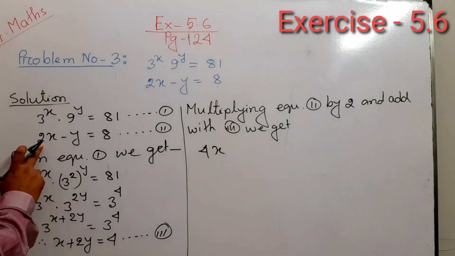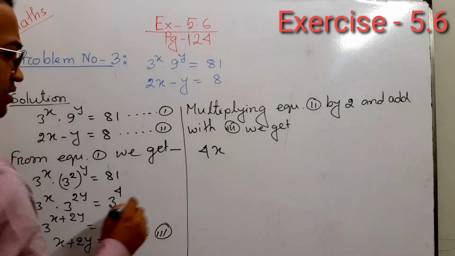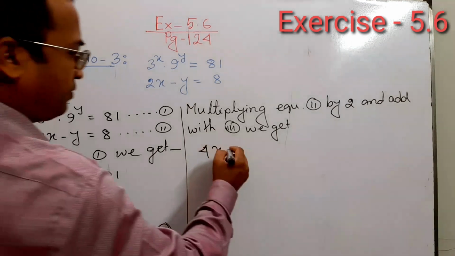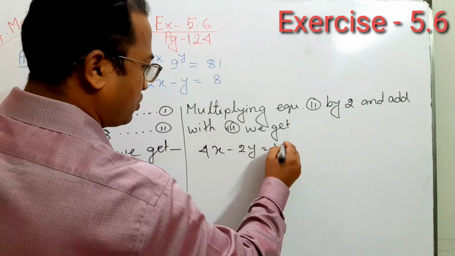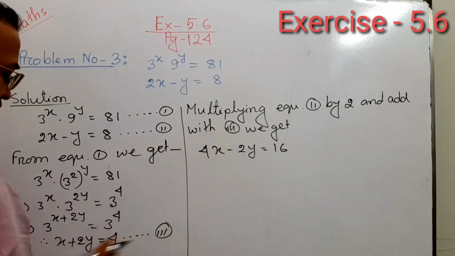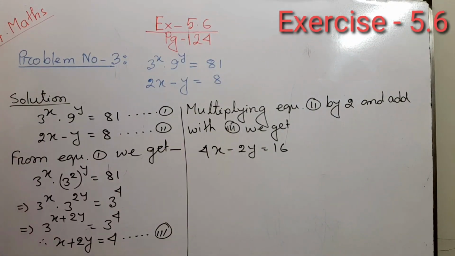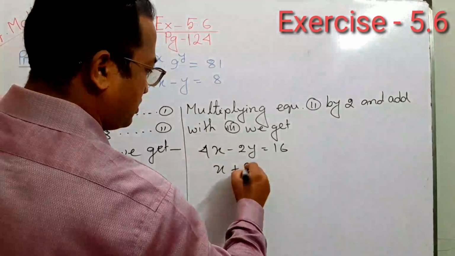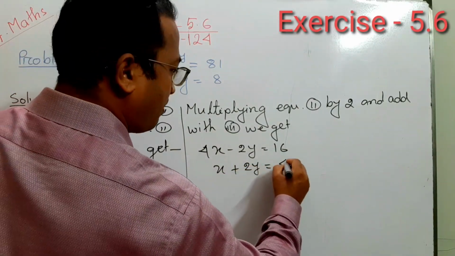Look, 2x becomes 4x by multiplying by 2, minus 2y equal to 16, and equation number 3 is x plus 2y equal to 4.